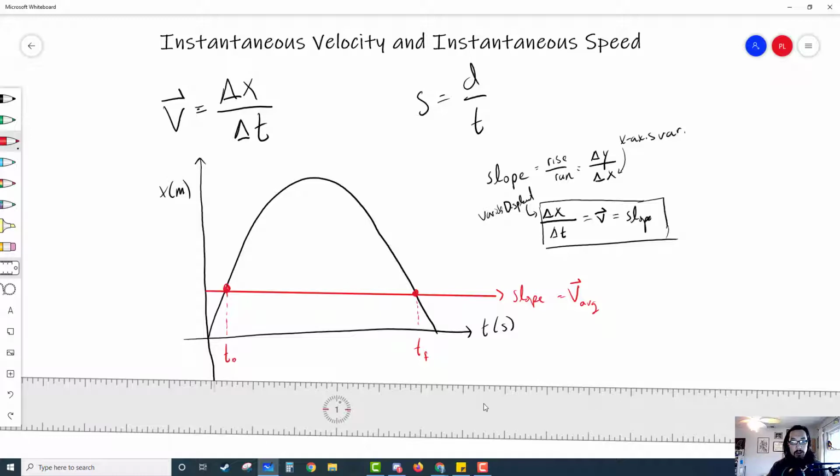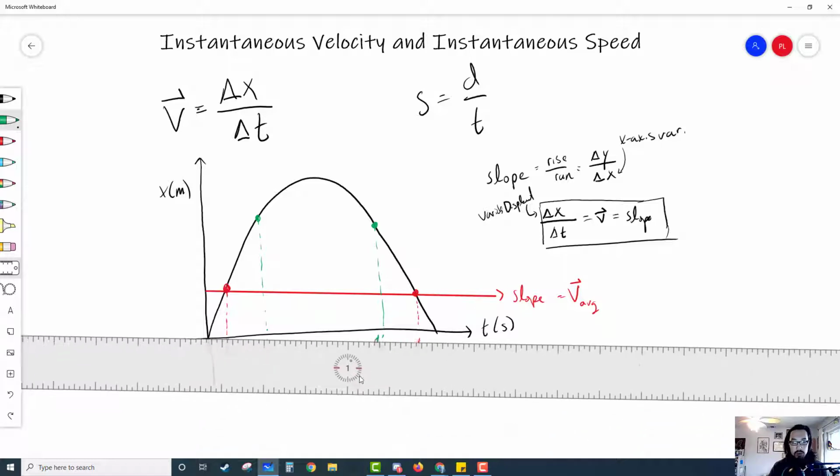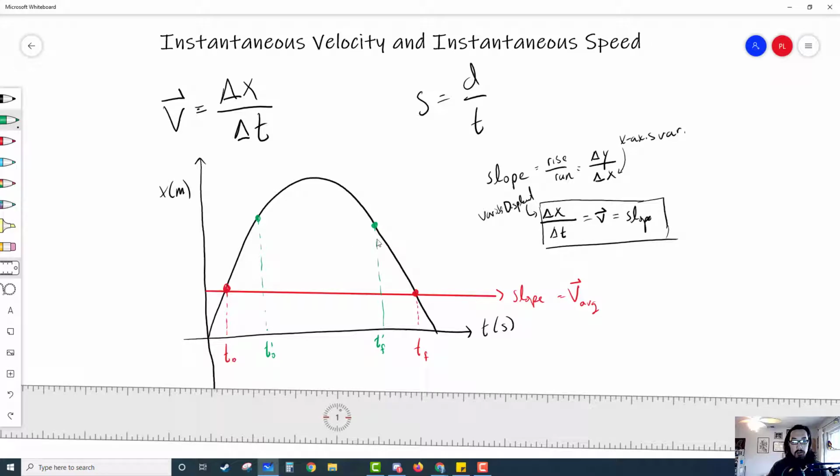But let's say we wanted the average velocity of 2 time intervals that are a little bit closer. Let's say we wanted to find the average velocity between this point here, which I'm going to call TF prime, and this right here, T initial prime. When we do this, notice that our delta t has shrunk a little bit.